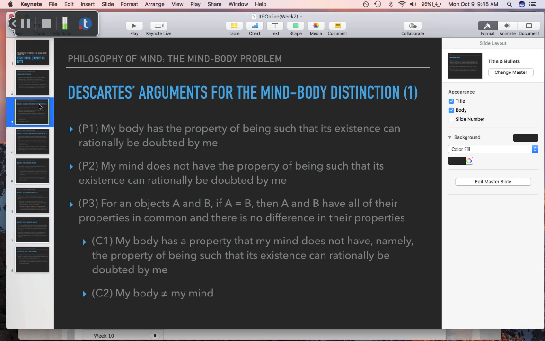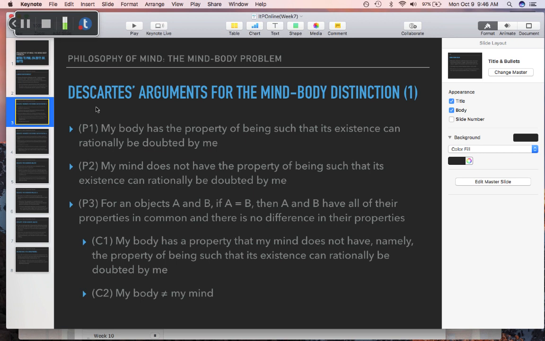This is a statement of a well-known metaphysical thesis, and I'll come back to that in a minute. He's basically saying, if 2 objects are the same, then they have all the same properties, right? If 2 objects are identical, then there is nothing which is different between them.